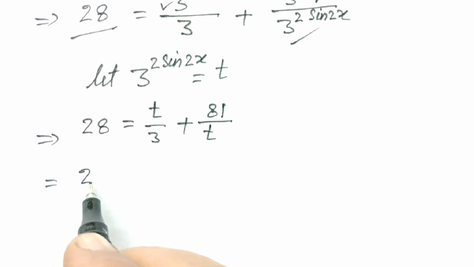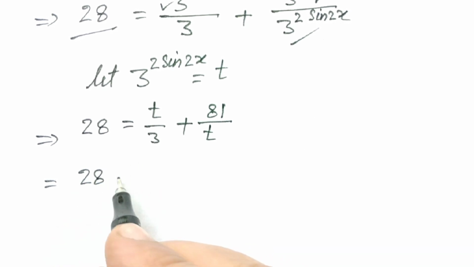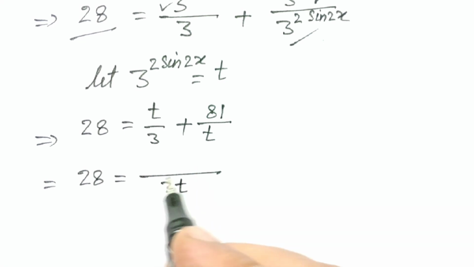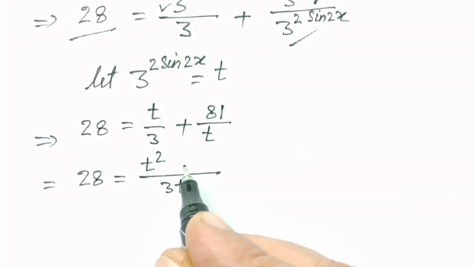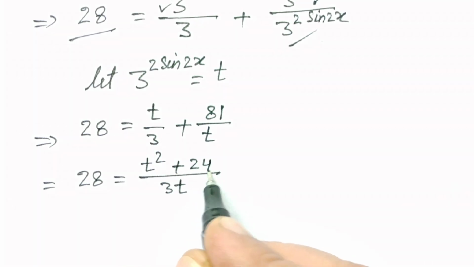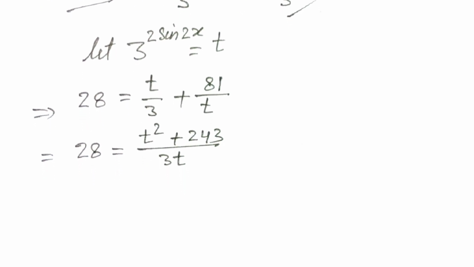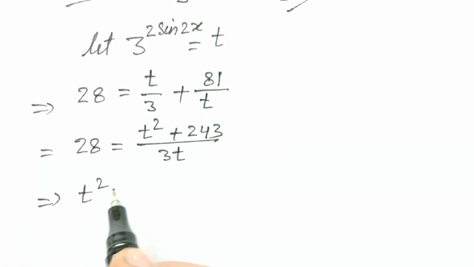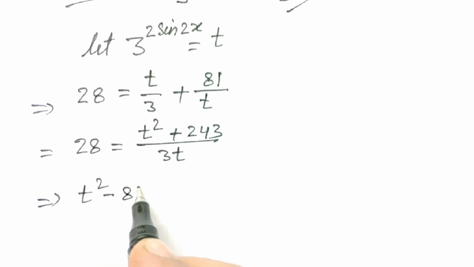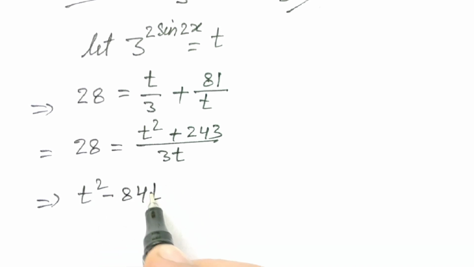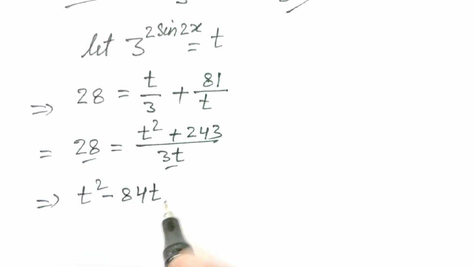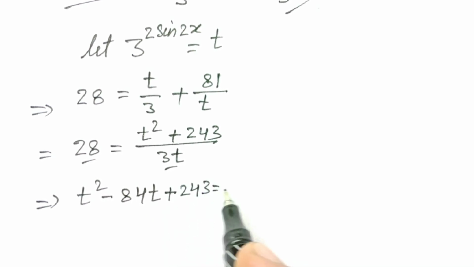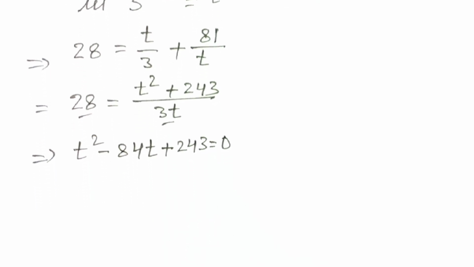Now 28 is equal to, taking LCM as 3t, t square plus 243. So t square minus 84t plus 243 is equal to 0.